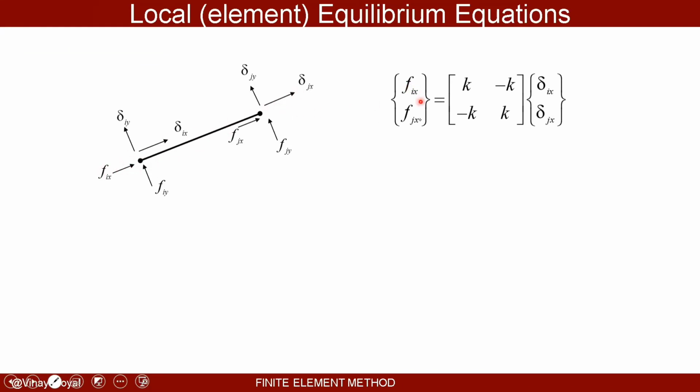So I have Fix at this node, Fjx at this node, and I know that they're related to the stiffness matrix k, minus k, times del Ix and del Jx. That is the element formulation for a bar in the local orientation system.